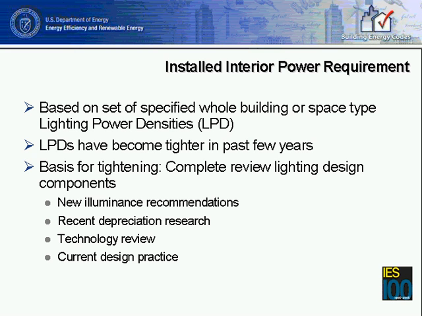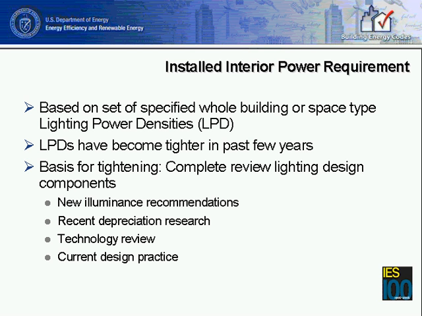As you're probably familiar, the LPDs seem to have been getting tighter in the past couple of years. And this may seem arbitrary, but the real basis for this is that the models that are used to develop those lighting power densities had complete reviews in the last version of the standards, and that's why they have been tighter. It's not a random, arbitrary method.